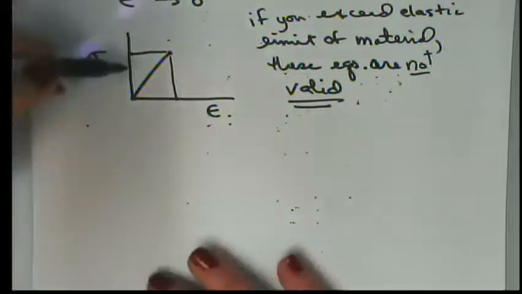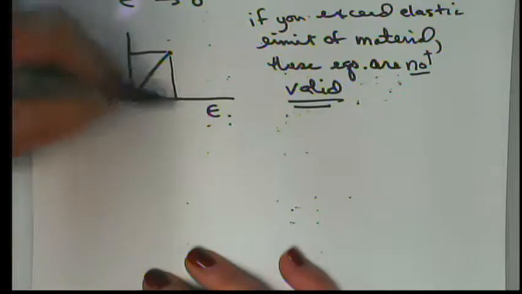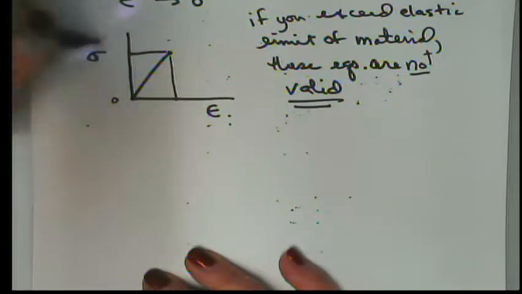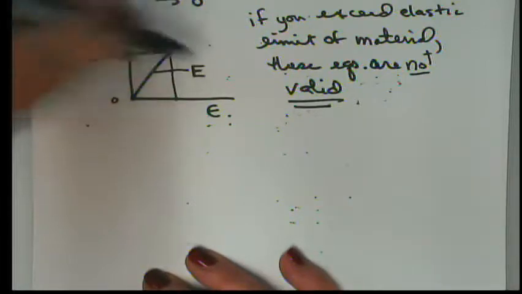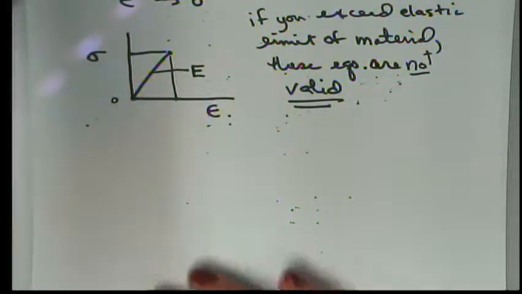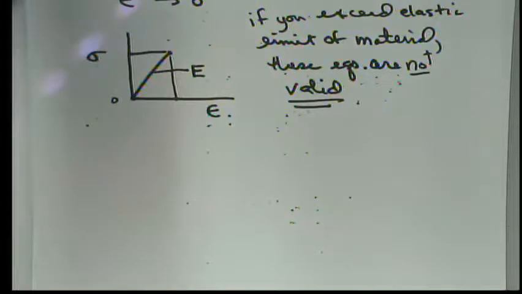All right, so let's go ahead and develop some equations. We know that on this graph, we go through 0. We have sigma on the y-axis, epsilon on the x-axis, and the slope is E. So this is actually in your textbook. It's not really a derivation. It's just sort of an explanation, I guess I would say.